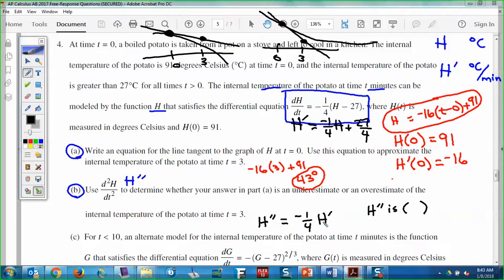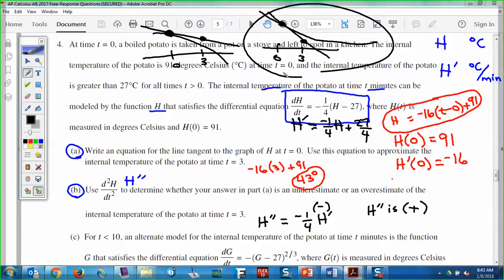So h prime's got to be negative all the time. h is decreasing, so h prime's got to always be negative. So if h prime is always negative, what's h double prime? h double prime's got to be positive, which means h is concave up. So which one of my two situations do we have? We have that one.